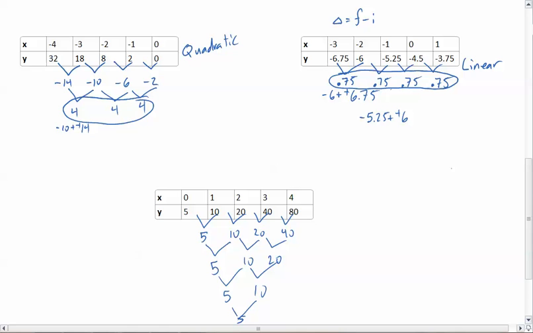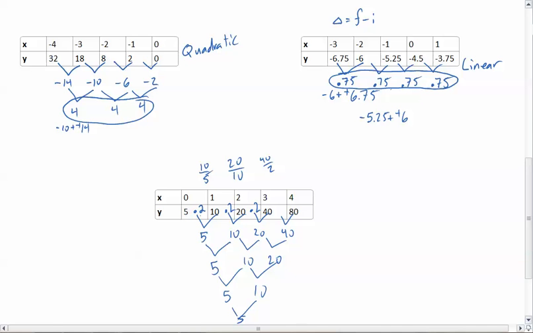And so now we're going to look at the constant ratios. We'll go the second one divided by the first one. So 10 divided by 5, which is 2. Now we'll look at 20 divided by 10, which is 2. 40 divided by 20 is 2.